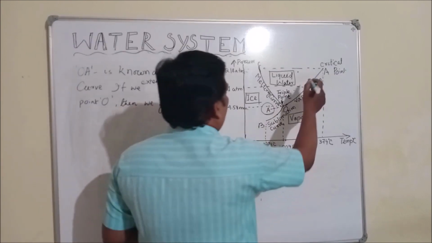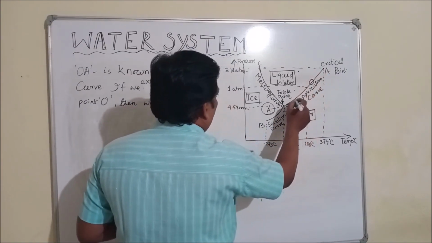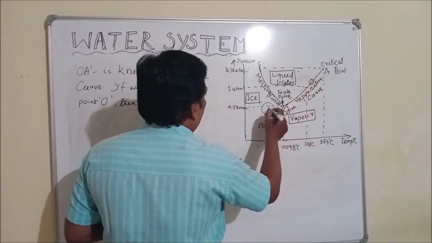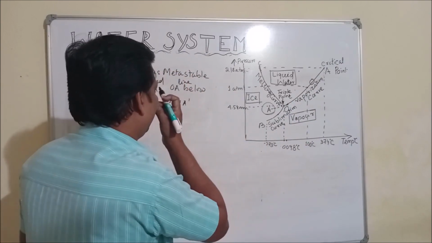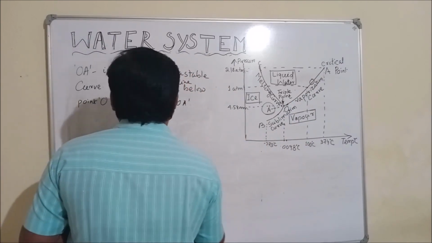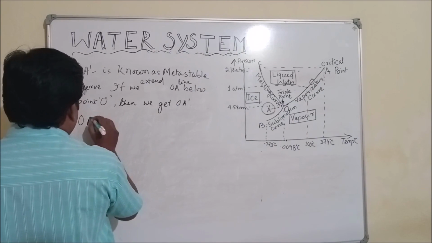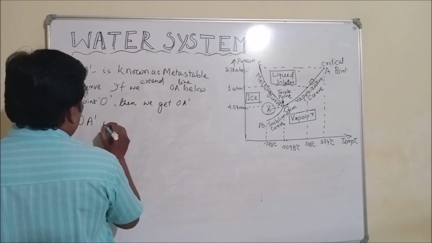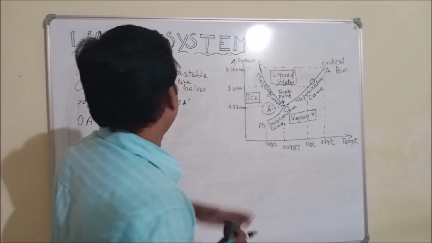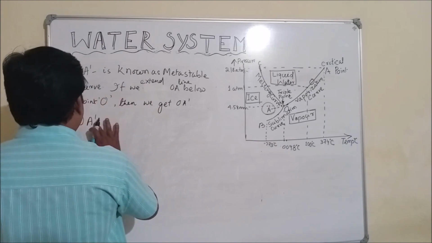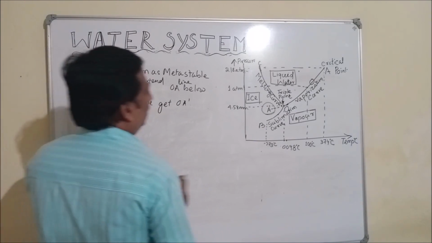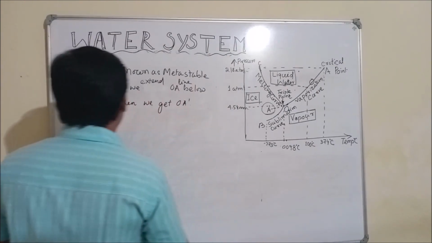So if we draw this line and extend this line, we get the OA dash line. So on this OA dash line, what happens? On the OA dash line, although it is in solid phase region, but the water remains in supercooled state.